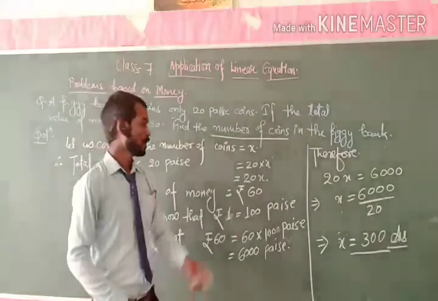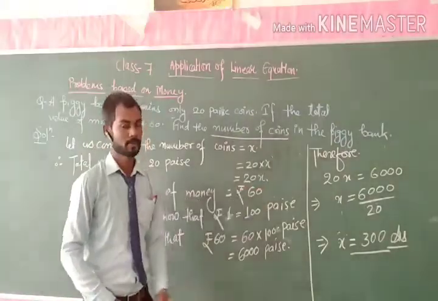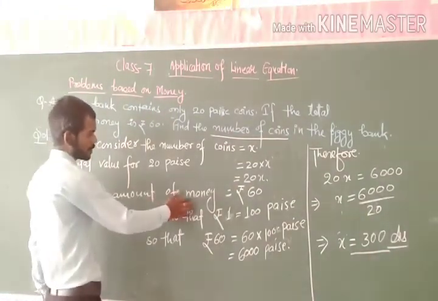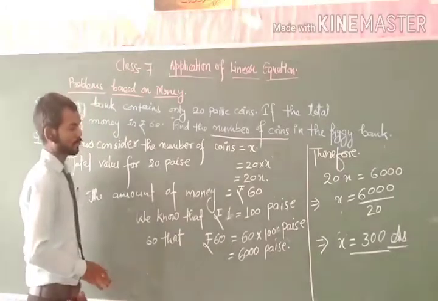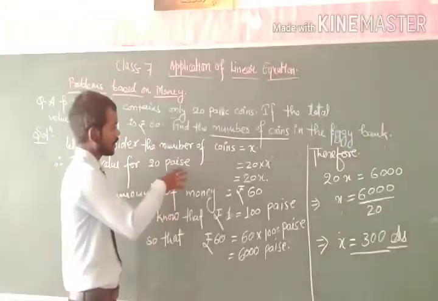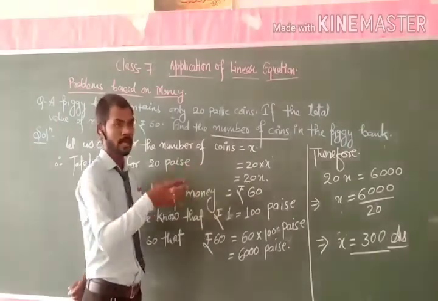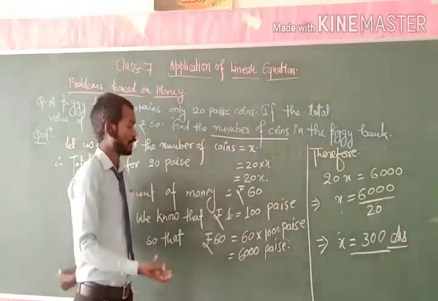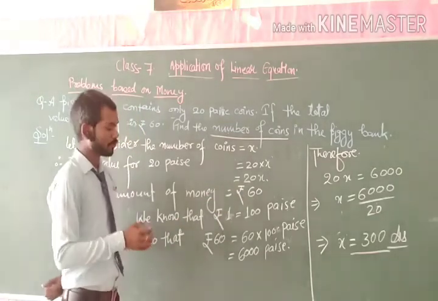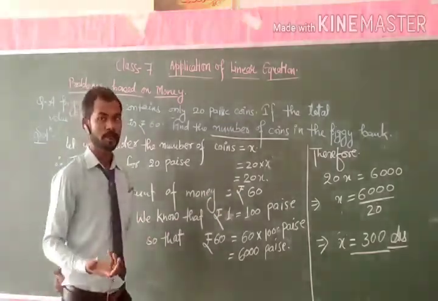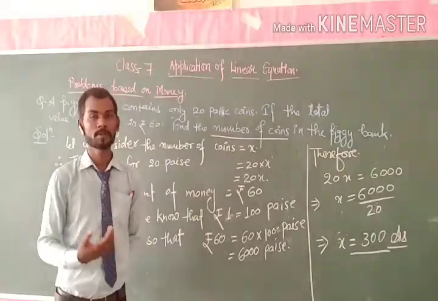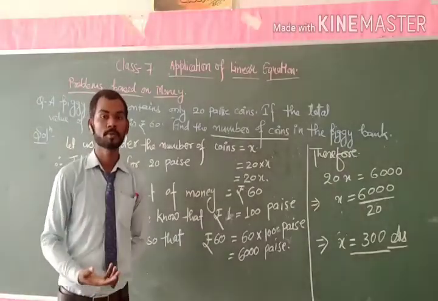As I told you why it is so, and also given that the amount of money is equal to 60 rupees. Here the coins are in paise and the total amount is given in rupees. So we need to convert rupees into paise, because the operation between paise and rupees is not possible.